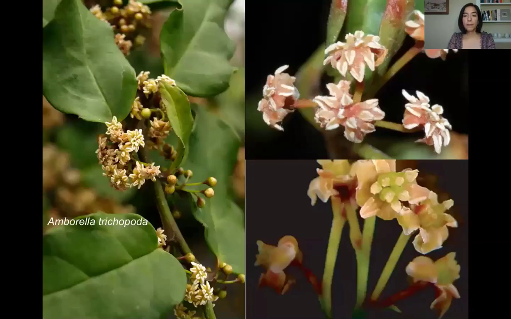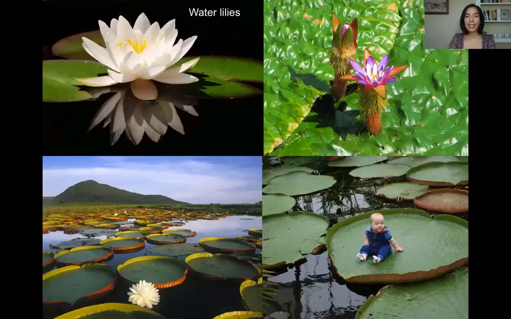Amborella trichopoda is a plant that is dioecious, meaning that it has female and male plants. And water lilies are these gorgeous, magnificent plants with showy flowers, adapted to live in aquatic environments.